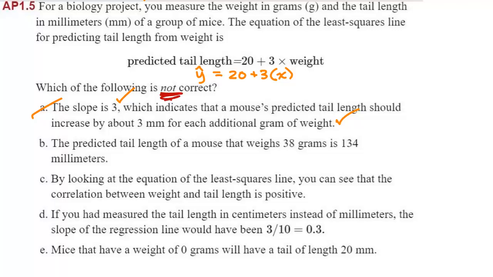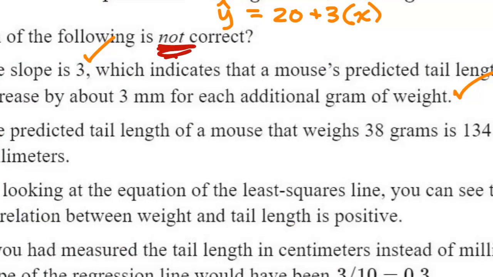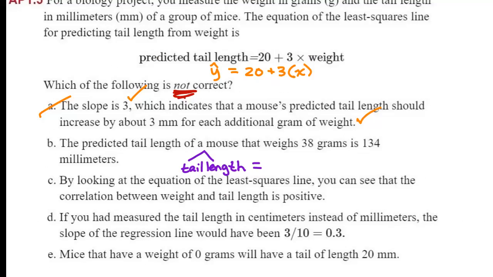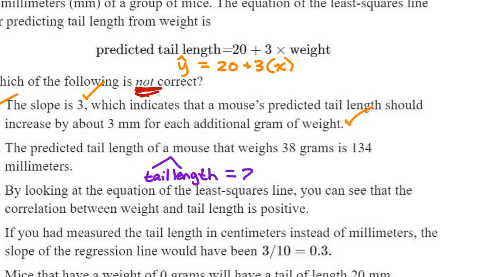Predicted tail length of a mouse that weighs 38 grams is 134 millimeters. So I have tail length hat is equal to 20 plus 3 times 38. 20 plus 3 times 38.